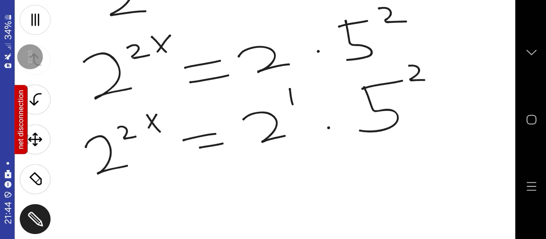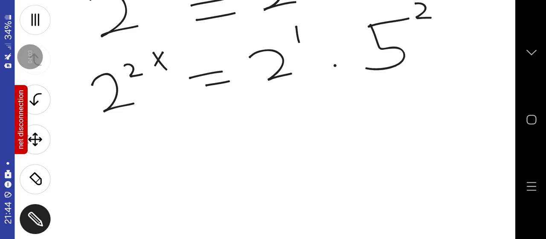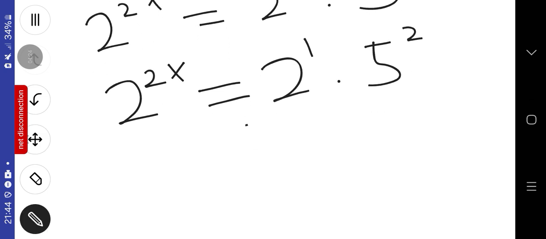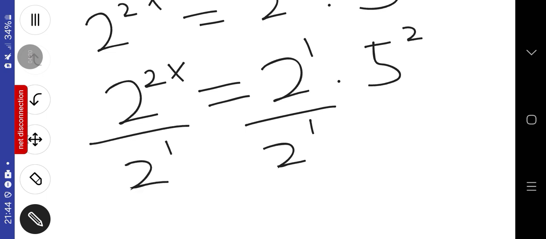Now, let's divide both sides of the equation by 2 exponent 1 in order to apply the quotient rule. So divide here by 2 exponent 1, divide here by 2 exponent 1, and this and this will cancel.